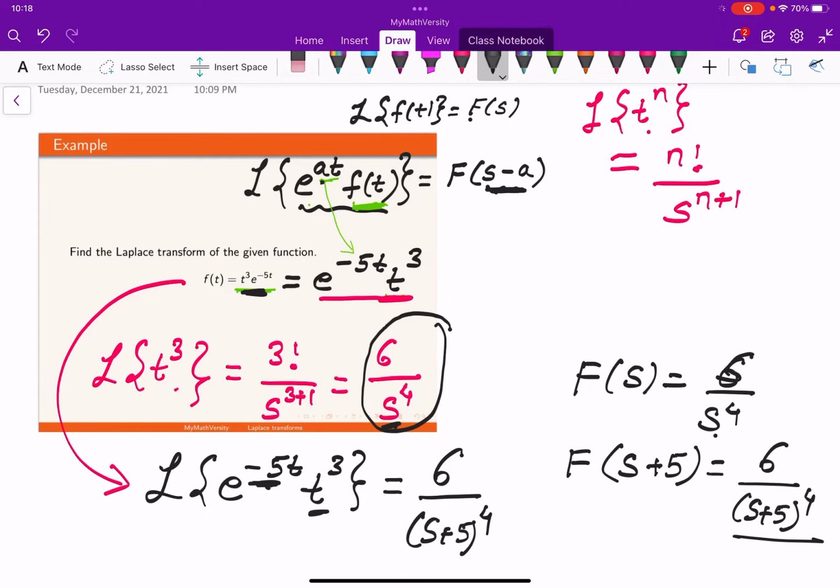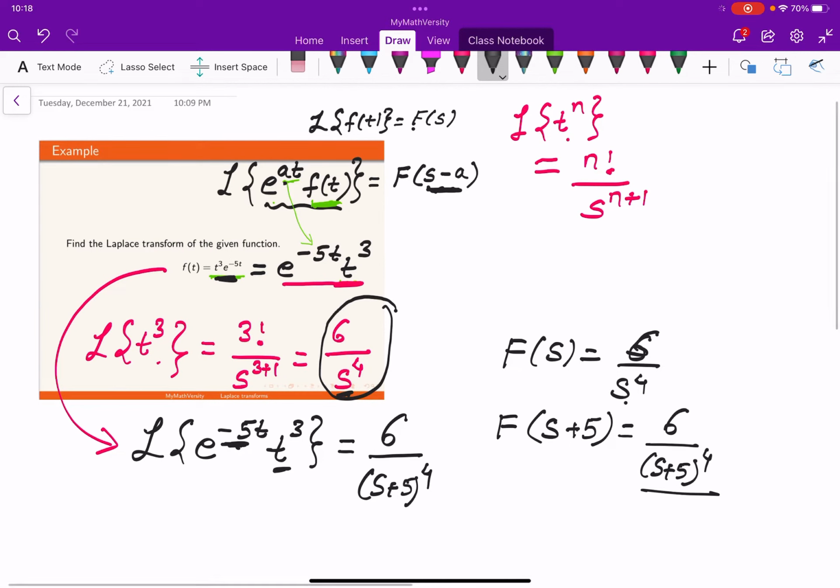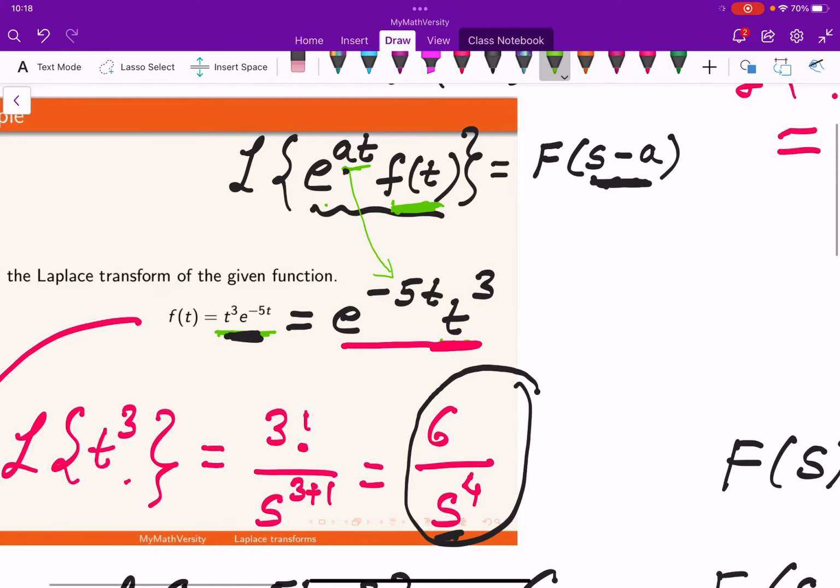Okay, so let's revisit again because there are a couple of elements over here. Our goal is to figure out the Laplace transform of t cube times e to the power minus 5t. I just rearranged here to compare directly with that formula, and when we compare, we figure out that the f of t on the table of Laplace transforms is actually t cube.